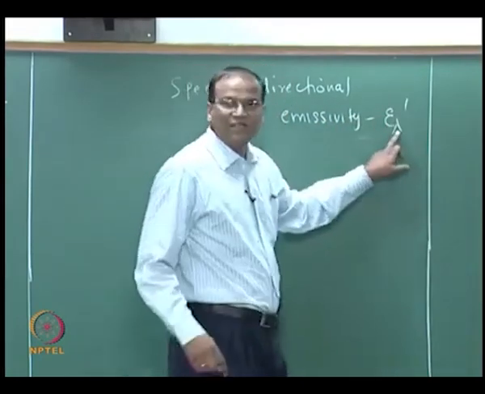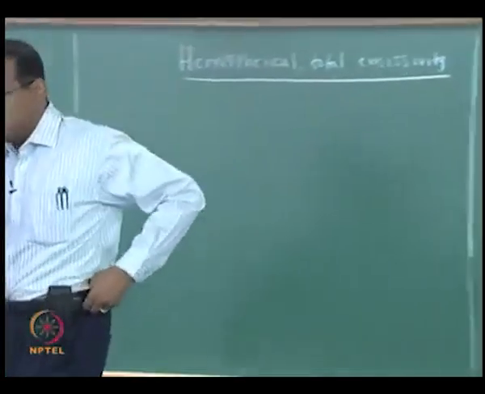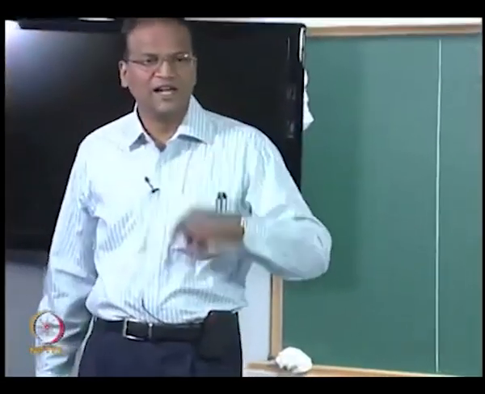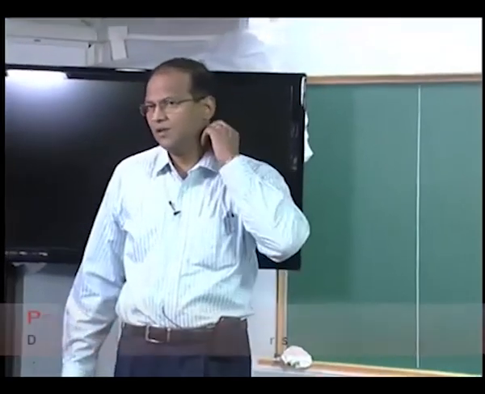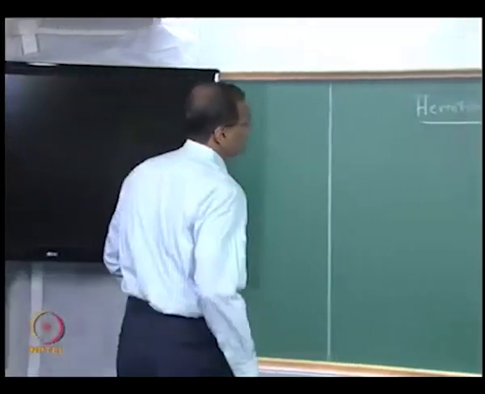The lambda denotes that it is a spectral quantity and the dash denotes that it is a directional quantity. So two directions are involved, the zenith angle and the azimuthal angle, namely theta and phi respectively, and lambda refers to the fact that it is spectral.